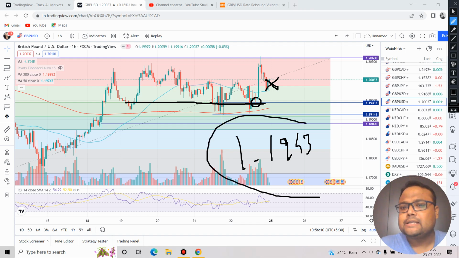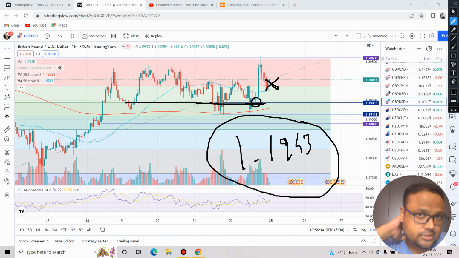So around this level, I'm using the word around because it can be 1.1940, it can be 1.1945 also. So if market comes down to this level here, observe the market. Especially on Monday, we do not have much volatility in the market, because during the first half of Monday market usually remains less volatile.